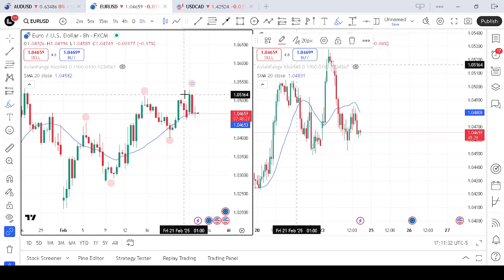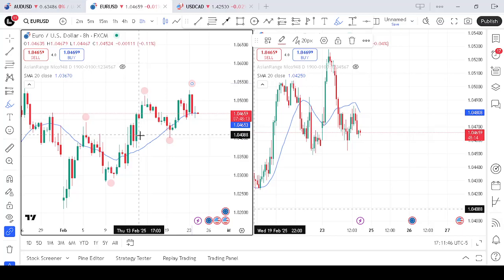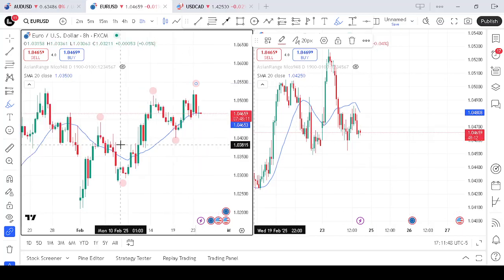When you can spot a clear trend, you have to look for two specific conditions. First, ensure price remains above the 20 moving average for the uptrend. We have to make sure that price is above. This shows that yes, we are in an uptrend.